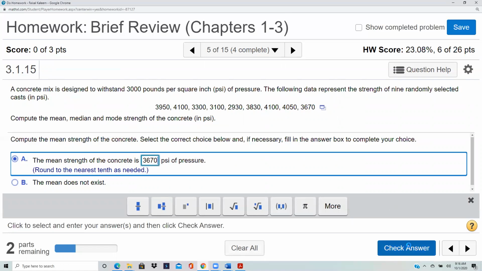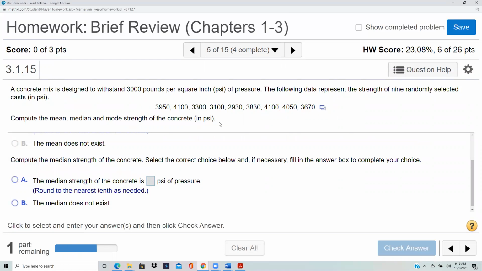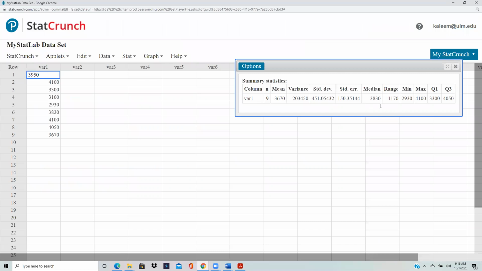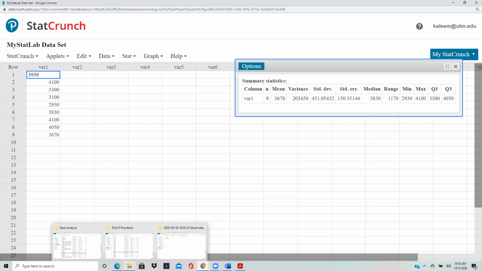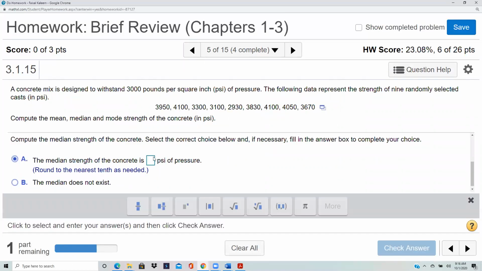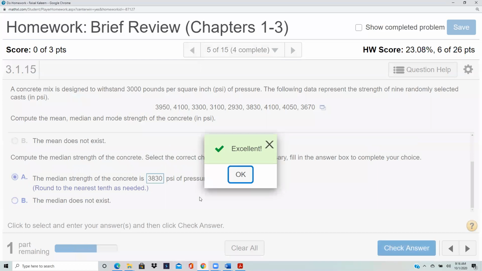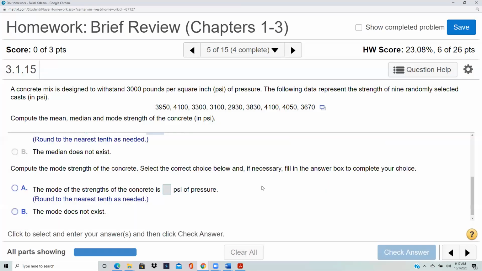3670. Okay, median is 3830. 3830. And the mode, let's see mode by inspection.